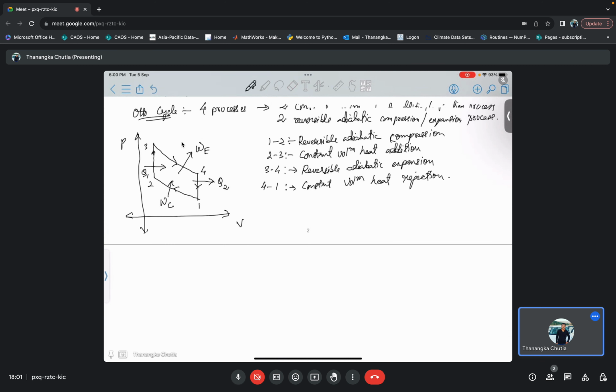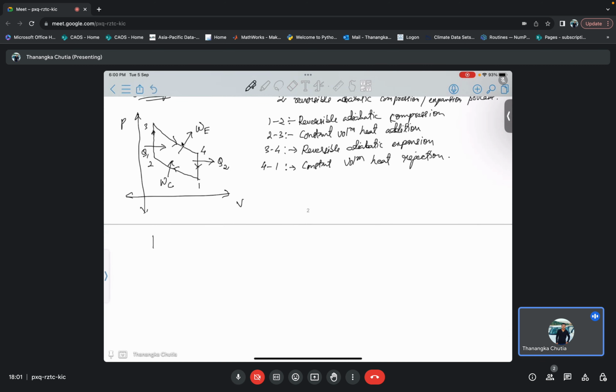Okay, so if you want to look at the TS diagram, the TS diagram will basically look like this. So 1 to 2, 2 to 3, 3 to 4, and then 4 to 1.